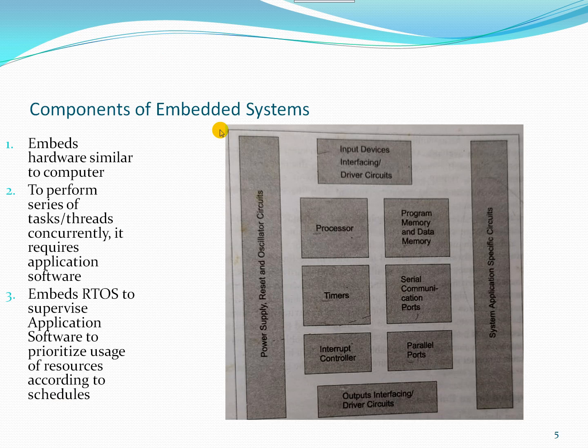So when we come to the topic of the components of embedded systems, we will be having these types of components. Mainly the processors and the memory devices will be there. The memory devices can be segregated into program memory and data memory. These may not be a single entity.